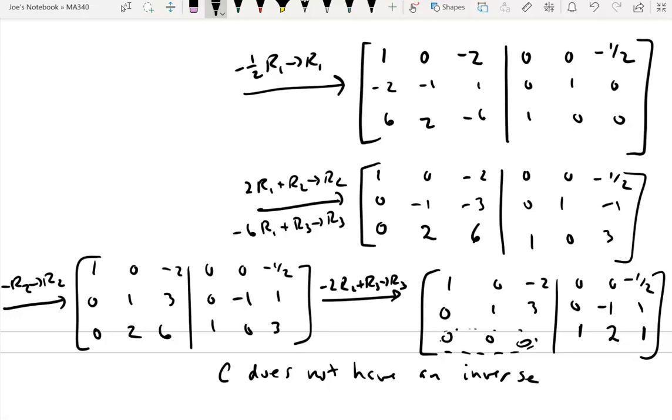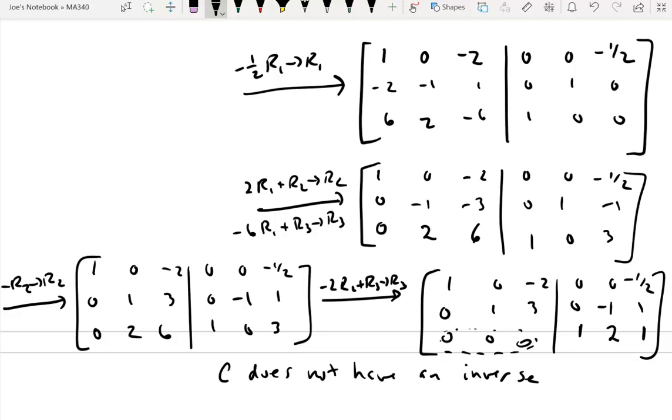So if you go through your elimination process and get a row of zeros there at the bottom of your matrix, like that, that tells you there's no inverse. And there's different ways to say that it doesn't have an inverse. You might hear that it's not invertible, is one way to say it, or it's singular.